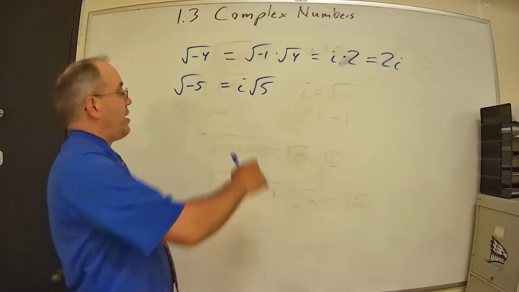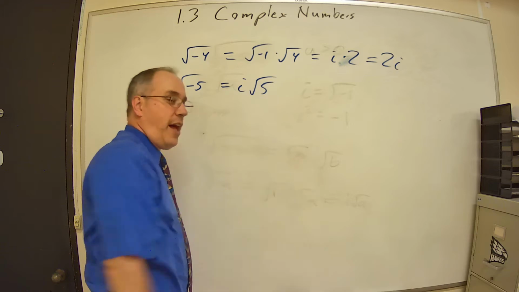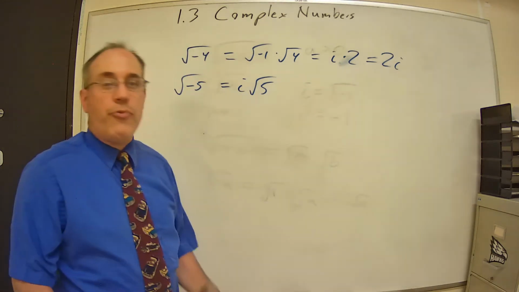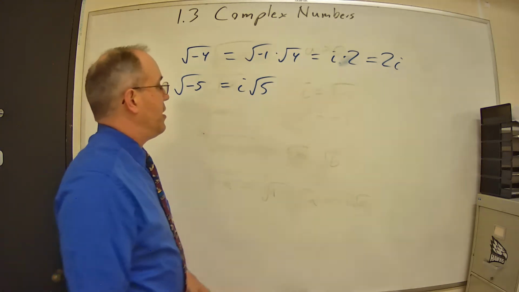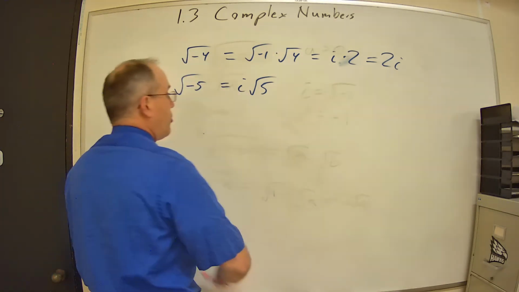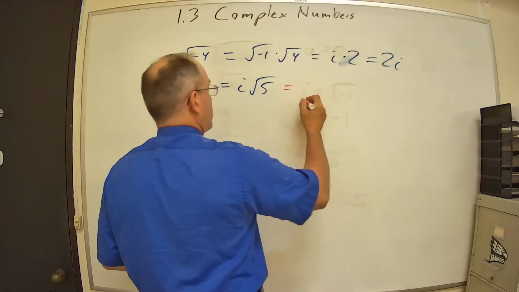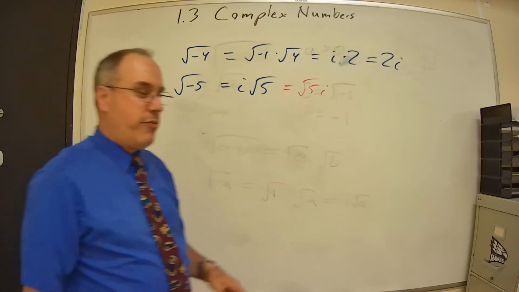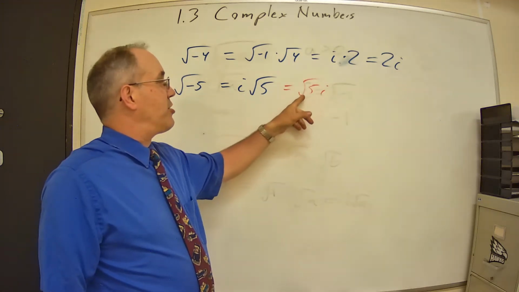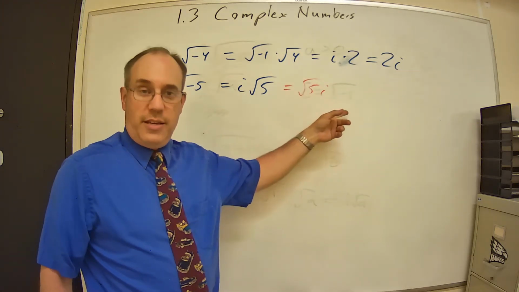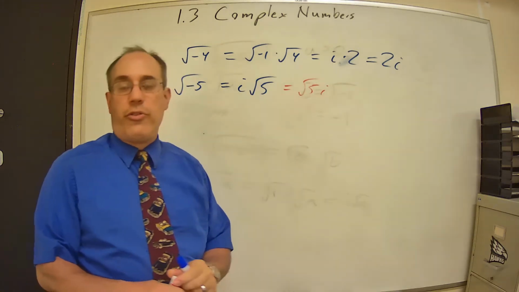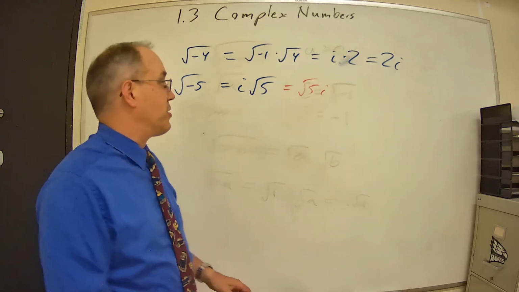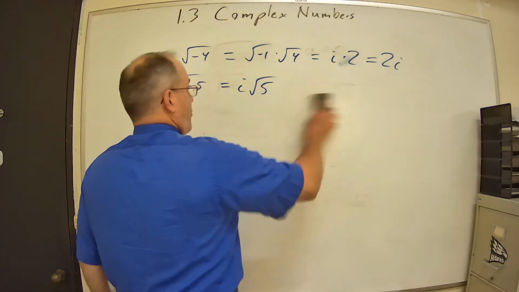So the correct way to write this is i radical 5, whereas here we put it after, 2i. And the main reason for this switch is because if we were to put it after, you can see that it could very easily get mistaken as the square root of 5i. So if for no other reason, it's just to make it less confusing and less likely to have a mistake be made.